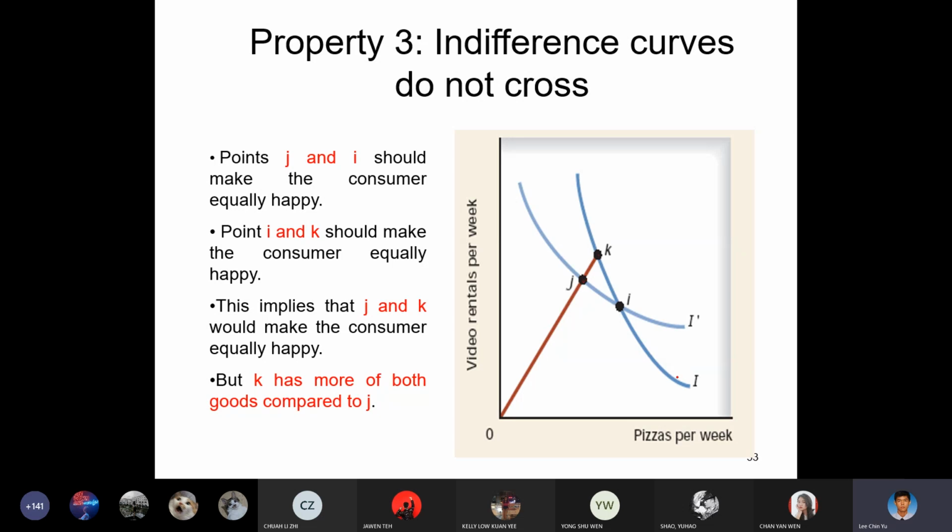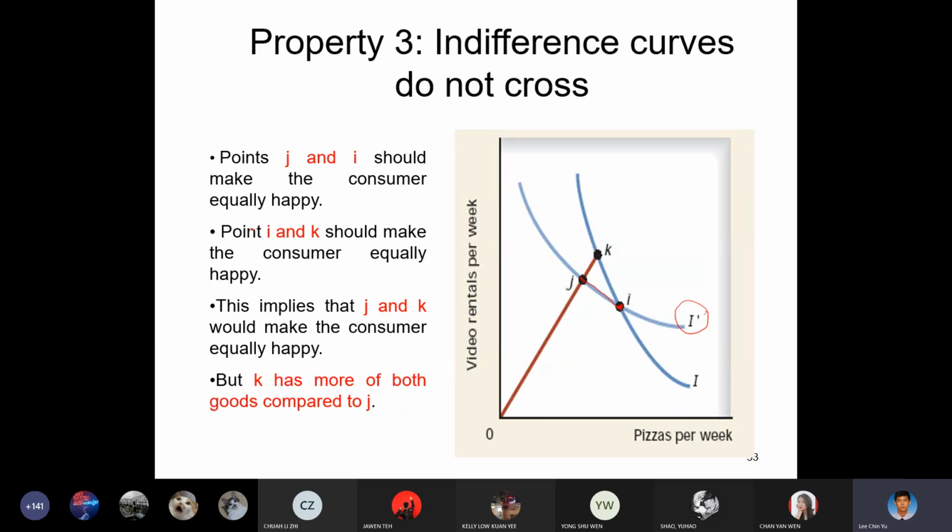But because you cross your indifference curve, it shows that points J and I should make the consumer equally happy, because they are on the same indifference curve. If you consume combination J or combination I, actually there is no difference, because they give you the same level of utility.